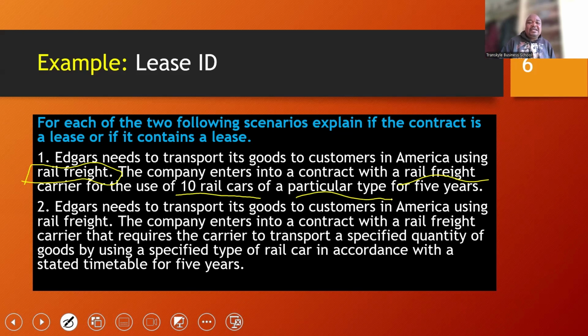So what have we gathered on scenario one? Scenario one, we have identified the contract. The contract asset can be identified here, which is 10 rail cars.